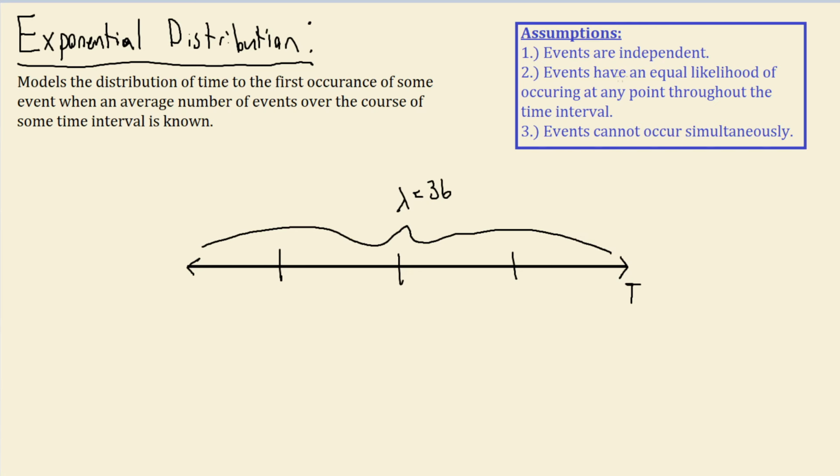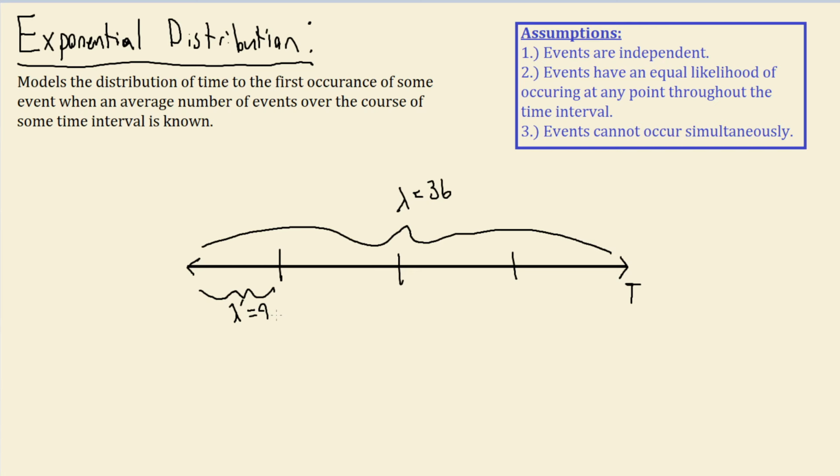We're also assuming that events have an equal likelihood of occurring at any point throughout the time interval, which means that this rate parameter is going to be linearly dependent on the length of the interval. Or in other words, if we're expecting 36 events to occur over the length of the entire interval, and this is 1/4 of the interval, then the rate parameter just for this subinterval will be equal to 9. And so we would be expecting there to be 9 events that would occur in this subinterval.